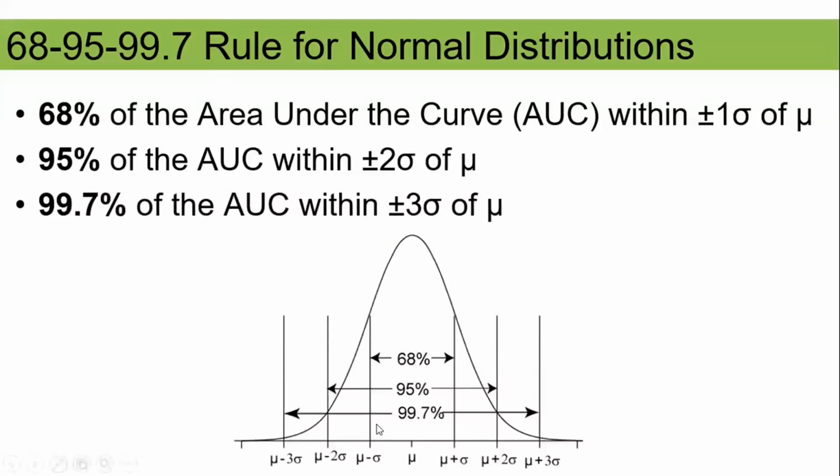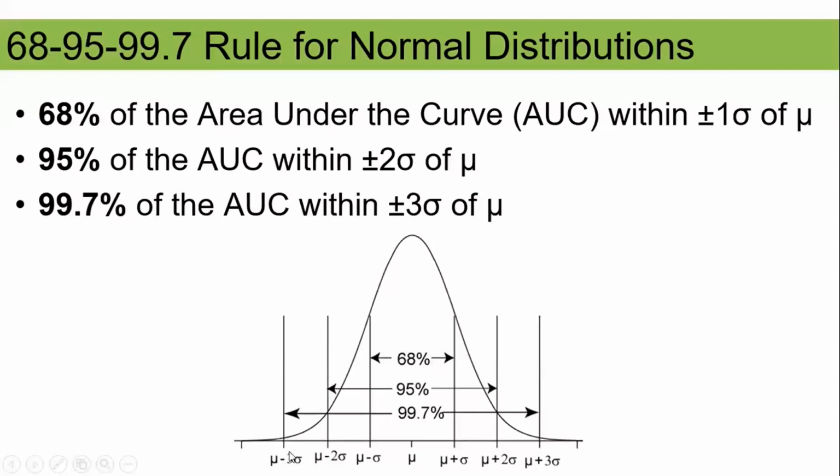So here, if you draw a vertical line here and another vertical one there, then the total area under this curve is set to be 68%. If it is within 2 standard deviations away, then everything here under the curve is 95%.